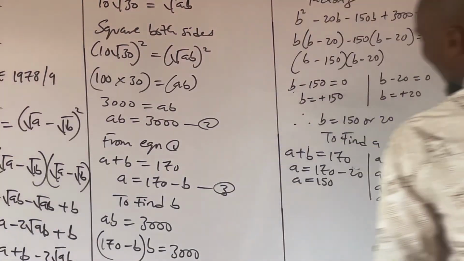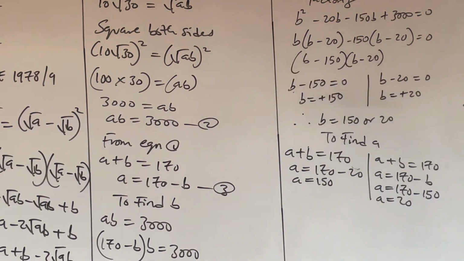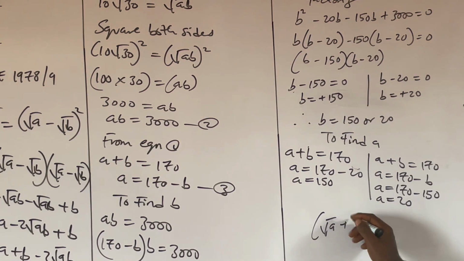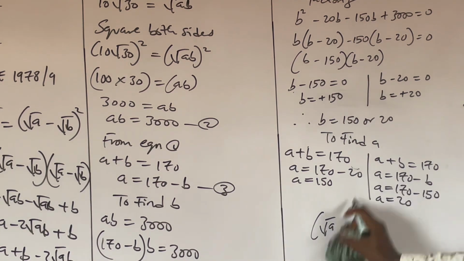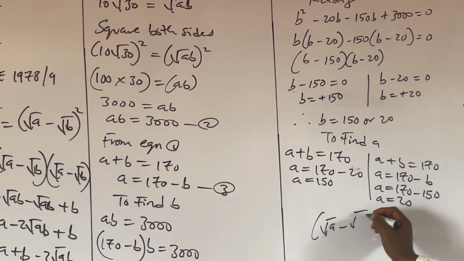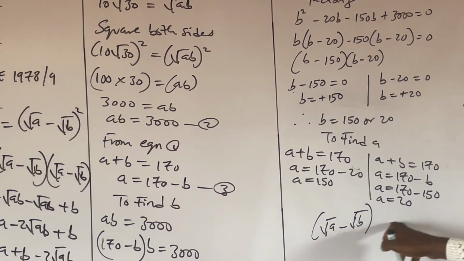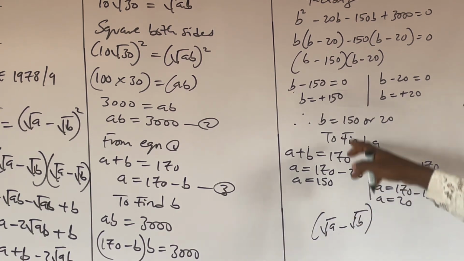Do you get? Now, we want to get our answer based on the question we were asked to find. Now, remember we used root a minus root b. So we are going to use a as 20 here and b as 150.